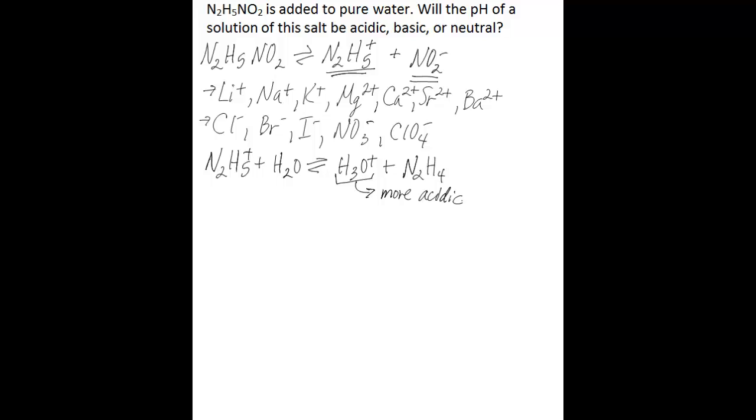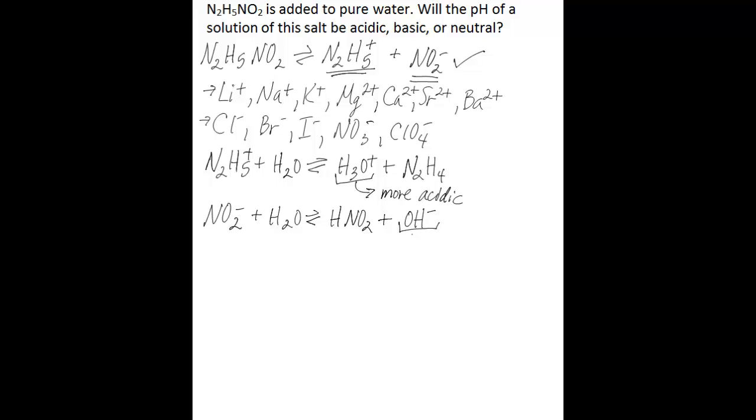However, we also have the nitrite anion, which is the conjugate base of the weak acid nitrous acid, and this conjugate base will accept a proton from water according to this reaction. We have NO2- plus water going to nitrous acid, when that nitrite anion accepts the proton from water, and hydroxide ion, which is what's left over when water gives up one of its protons.